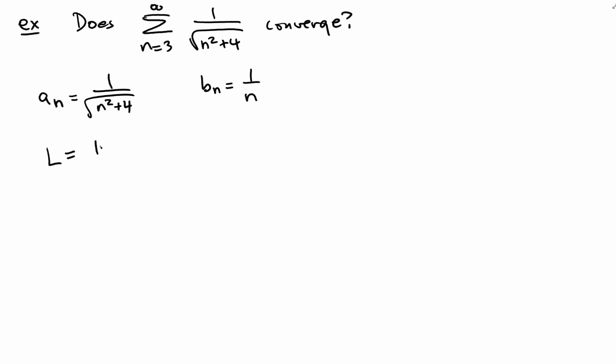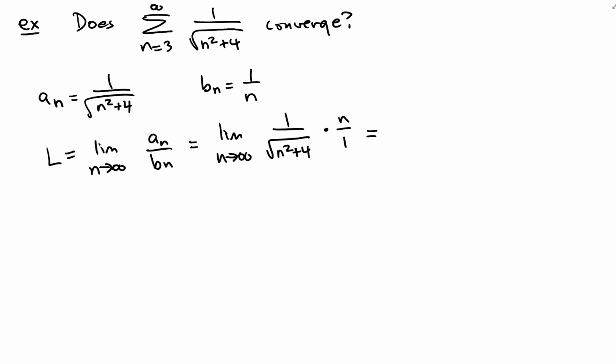And so I can set up my limit as n goes to infinity of a sub n over b sub n, and my limit as n goes to infinity of 1 over the square root of n squared plus 4 times, I flip this over, n over 1. If I were to calculate this, it will become equal to 1.